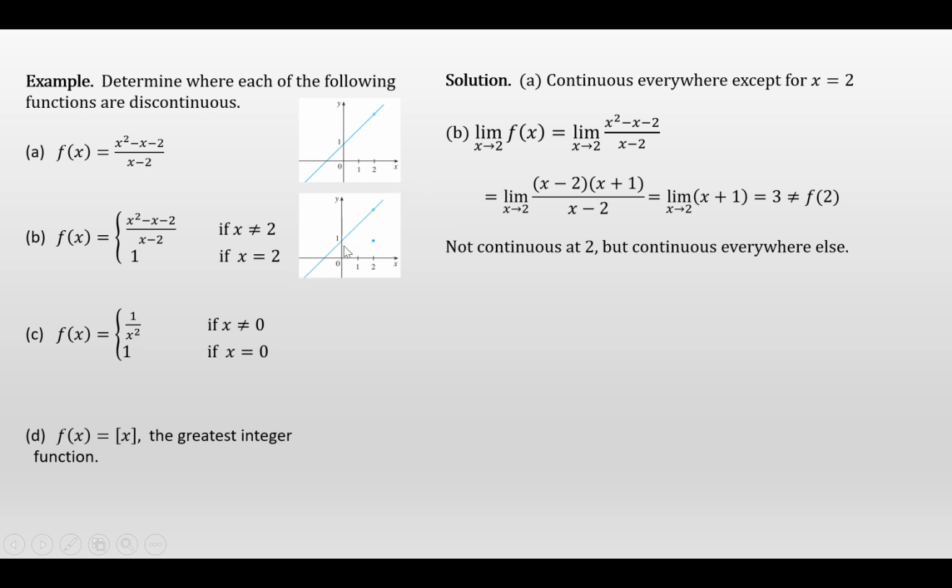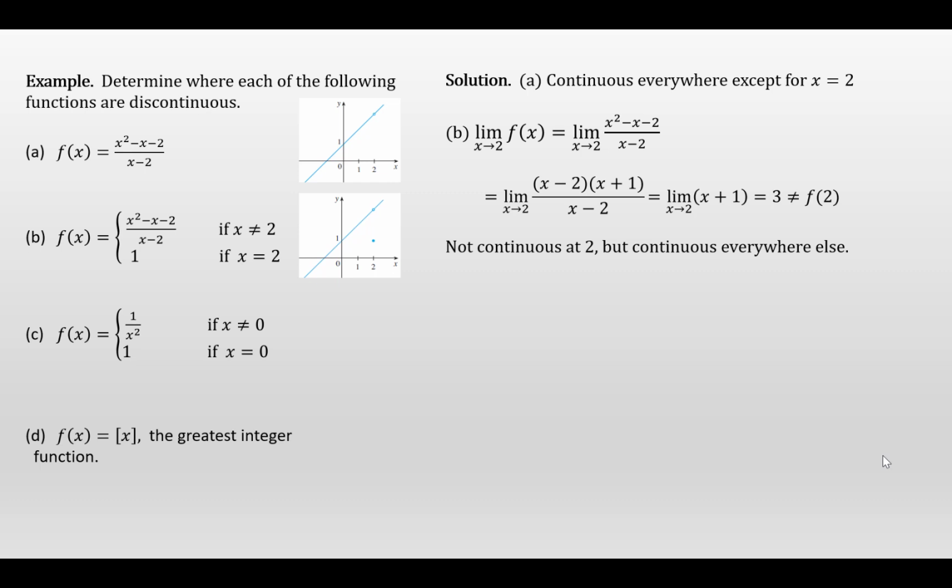Now, f(2) is defined to be 1, right here. So the graph looks like a straight line, except that there's a hole here, and then f(2) is defined to be 1. This also shows why the graph for question A is like this, because this is really the same function except when x equals 2. When x equals 2 it is undefined, so you simply have a hole here.